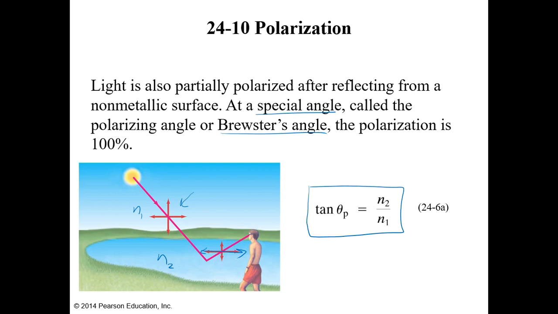Polarized sunglasses are made so that they're oriented vertically, and they block out any horizontally polarized light. And thus, polarized sunglasses will completely block the light that's been reflected from the surface of the water or the surface of the road, and thus any glare from the reflection is eliminated, which makes it so you can see better.